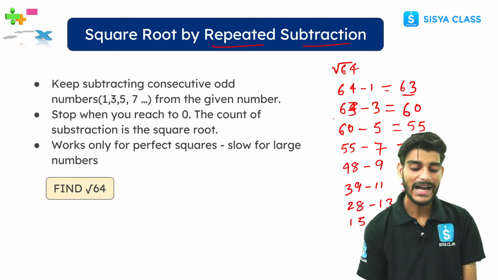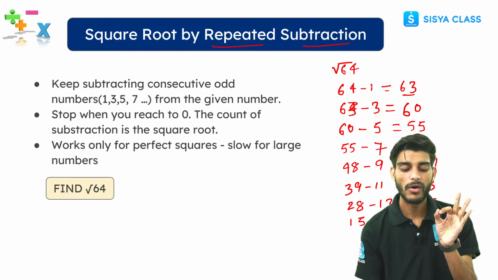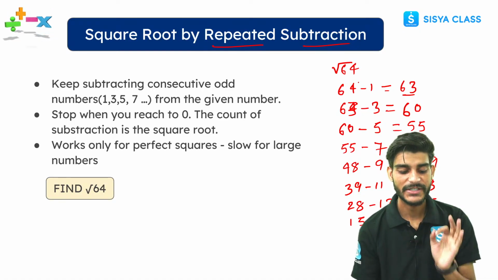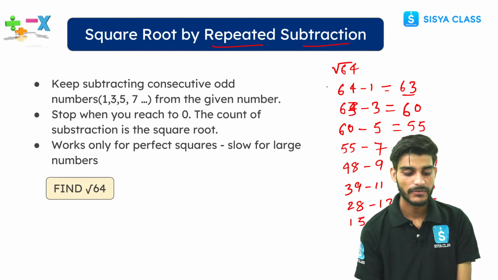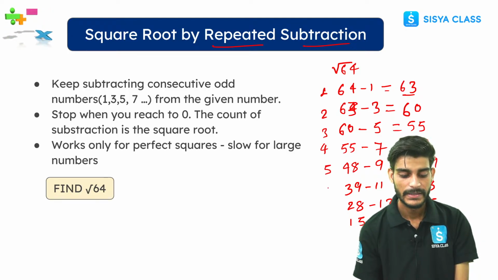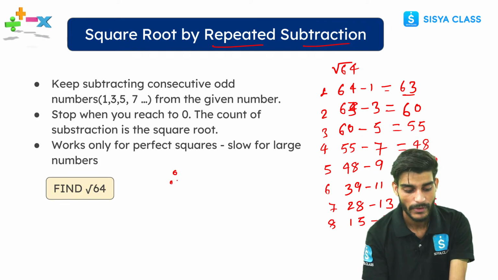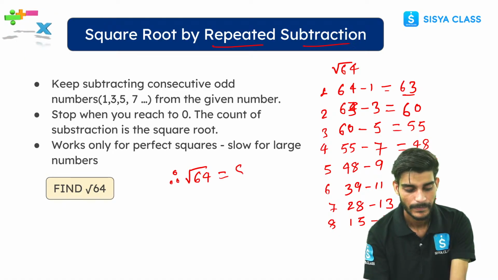Just count the number of steps, or the number of odd natural numbers that you have subtracted from the given number. This is the first step, second, third, 4, 5, 6, 7 and 8. So what will be the square root of 64? The square root of 64 will be 8.